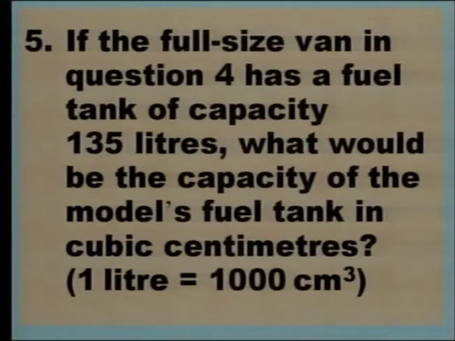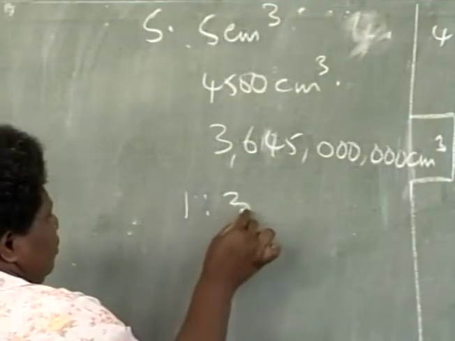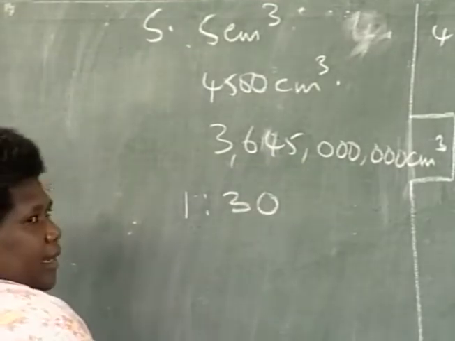You are told that 1 liter is equal to 1,000 cubic centimeters, which means the fuel tank has a capacity of 135,000 cubic centimeters.